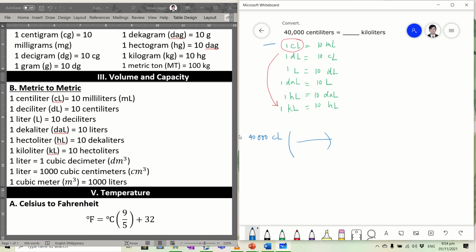You start here. Since CL is the given, so you put CL in the denominator. So 1 CL, 10 ml.